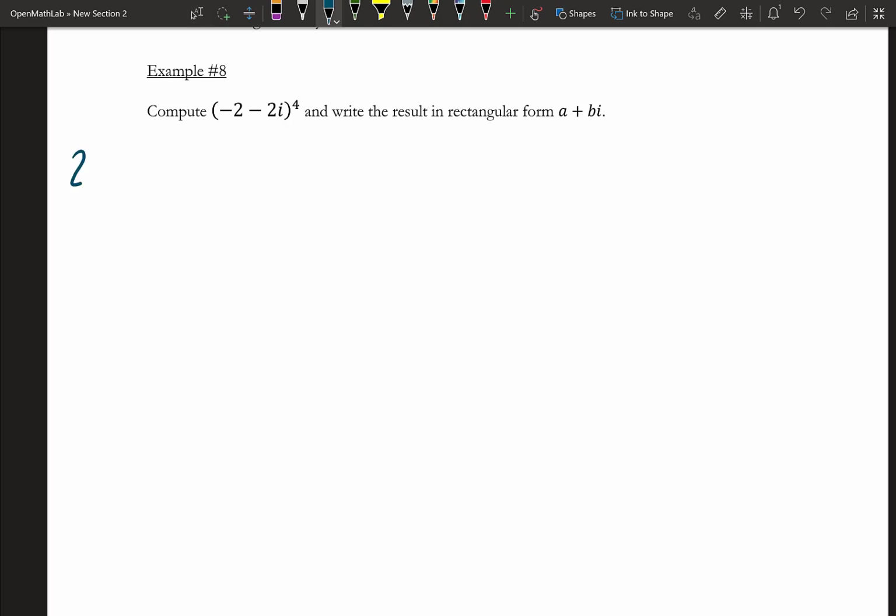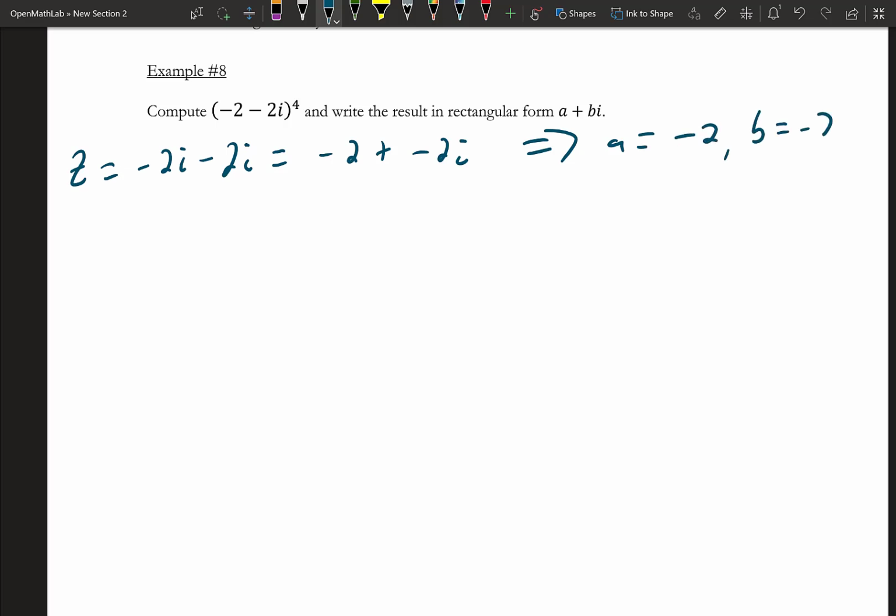So z equals negative 2 minus 2i, which is equal to negative 2 plus negative 2i, which gives me that a is negative 2 and b is also negative 2.